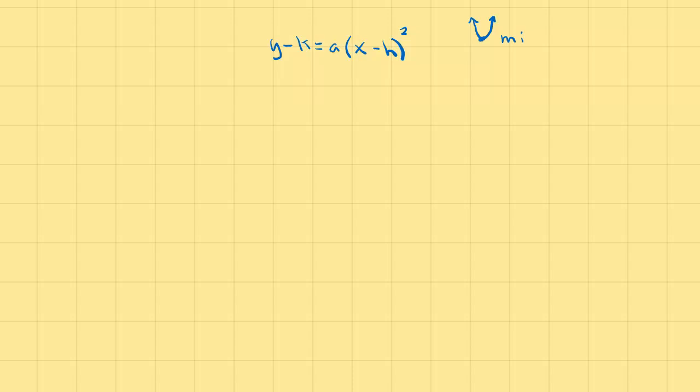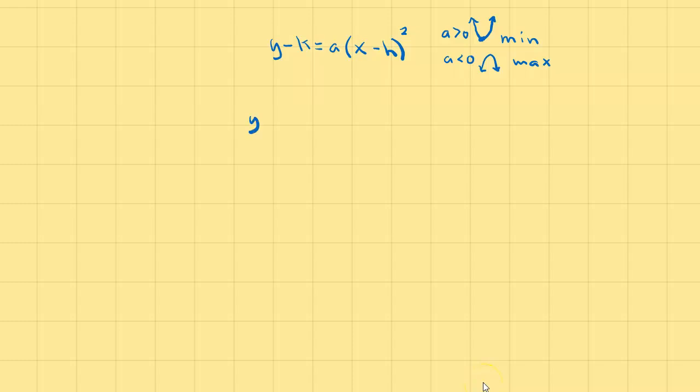So I'll put minimum here. That would be the vertex hk. And this happens if a is positive. Okay? If a is negative, or less than 0, then the parabola points down, in which case the vertex hk is a maximum.